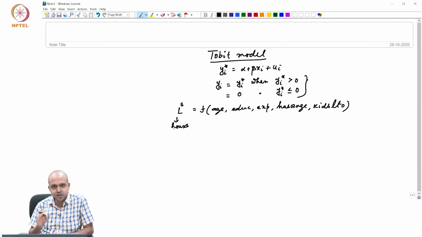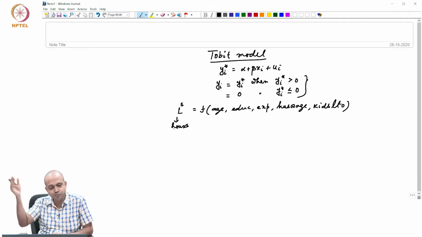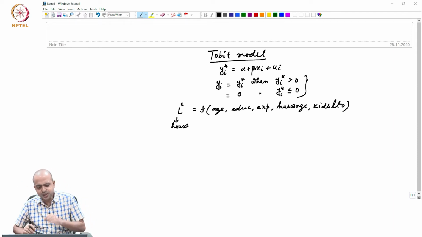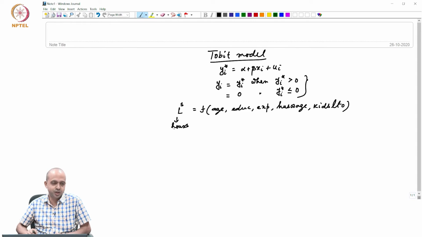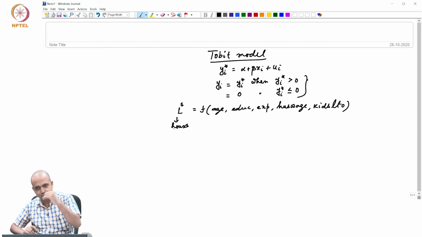As we discussed, there could be three types of censoring: censoring from below, censoring from top, or censoring from both below and top. The case we are going to discuss here is only censoring from below, so you have a minimum censoring at the 0 level.